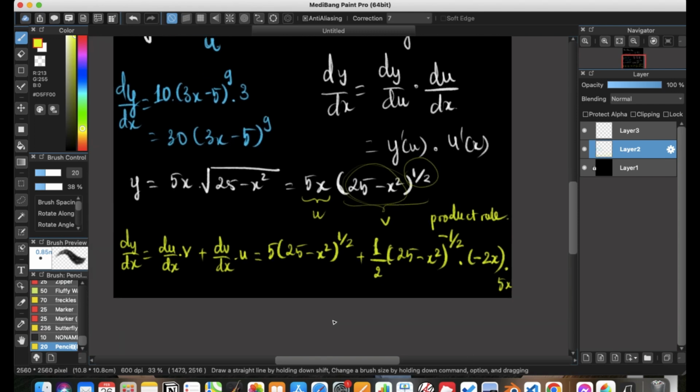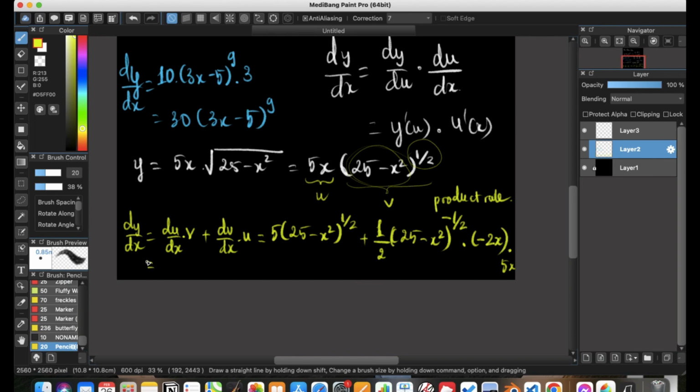So when we rewrite this equation, it's going to be 5 times (25 minus x to the power of 2) minus 5 times x to the power of 2, and everything here we're going to divide by (25 minus x to the power of 2) to the power of 1/2, and that's it.